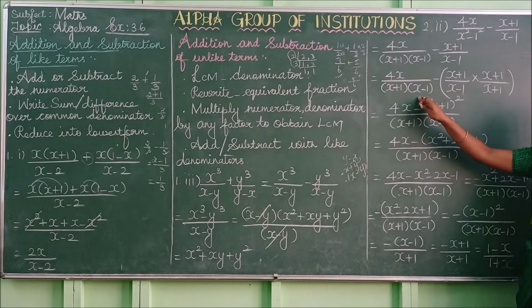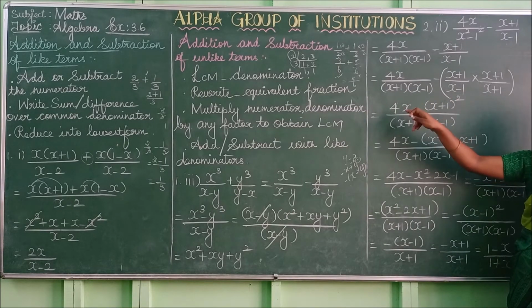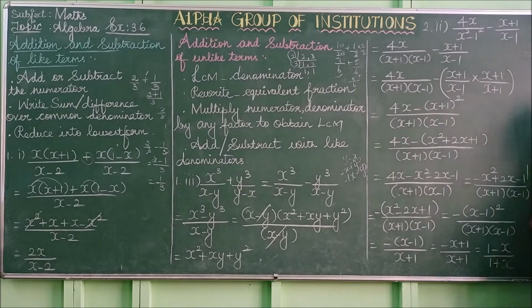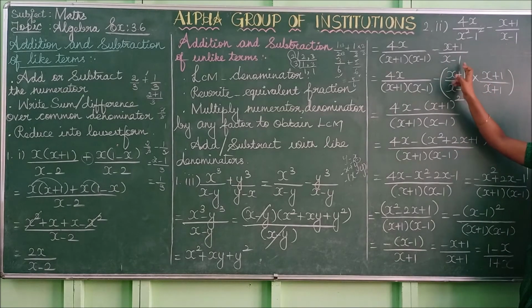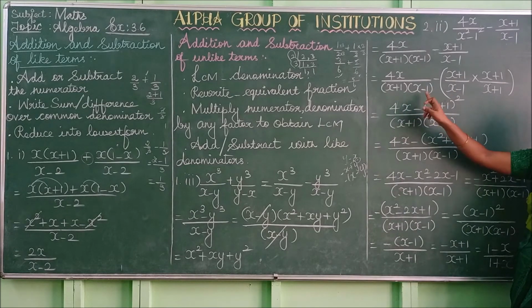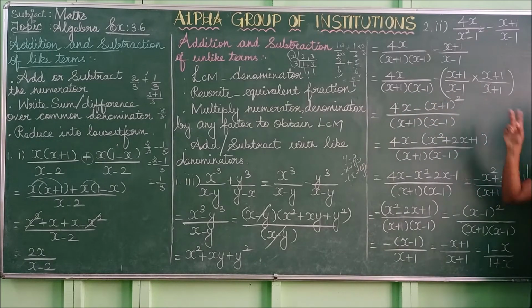So x squared minus 1 can be rewritten as x plus 1 into x minus 1. Then check the other side: x plus 1 divided by x minus 1. The first term has x plus 1 and x minus 1, but the second term has only x minus 1.